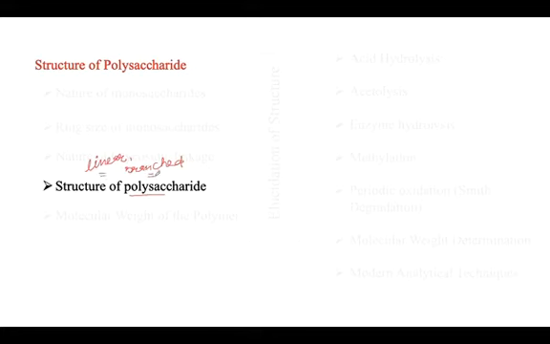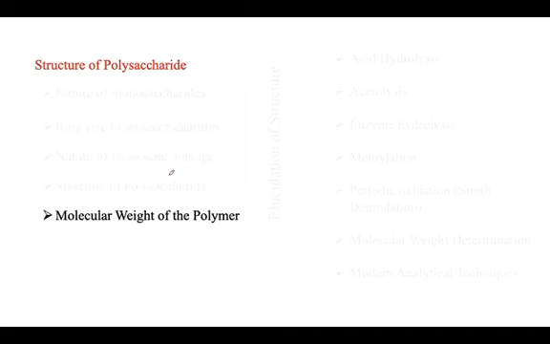If it is linear, then we may have 1-2, or 1-3, or 1-4, or 1-6 type of linkages present. If it is branched, then we may have other linkages which give us a branched structure. Then another important factor required for knowing the structure is the molecular weight of the polymer.